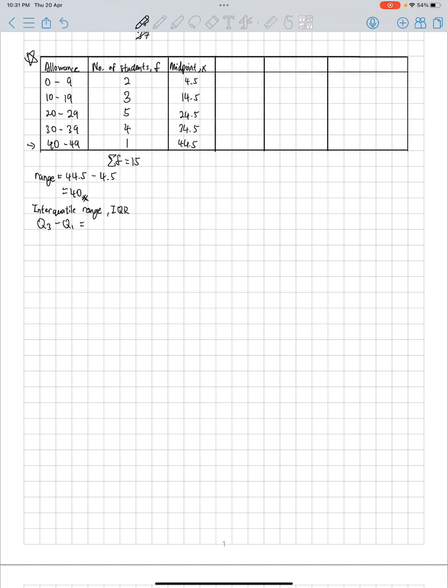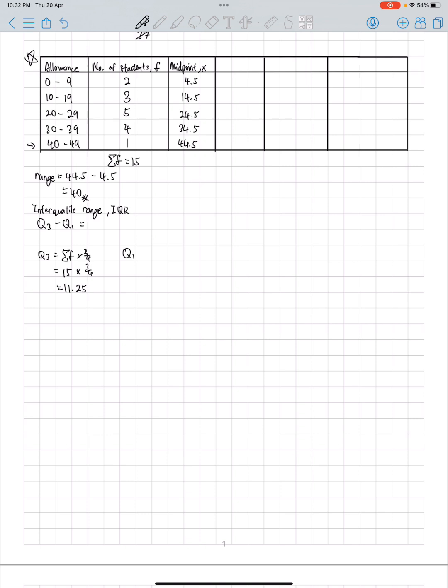So quartile 3, the formula for quartile 3 is the total multiplied by 3/4. So that means 15 multiplied by 3/4, and we get 11.25.